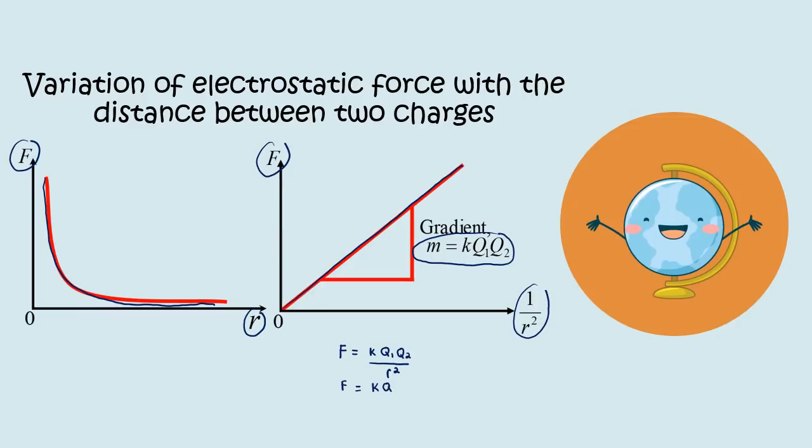We separate the equation with 1 over R square so that we can compare with y equal to mx plus c. So F is the y-axis, 1 over R square is the x-axis, and the gradient is k Q1 times Q2.